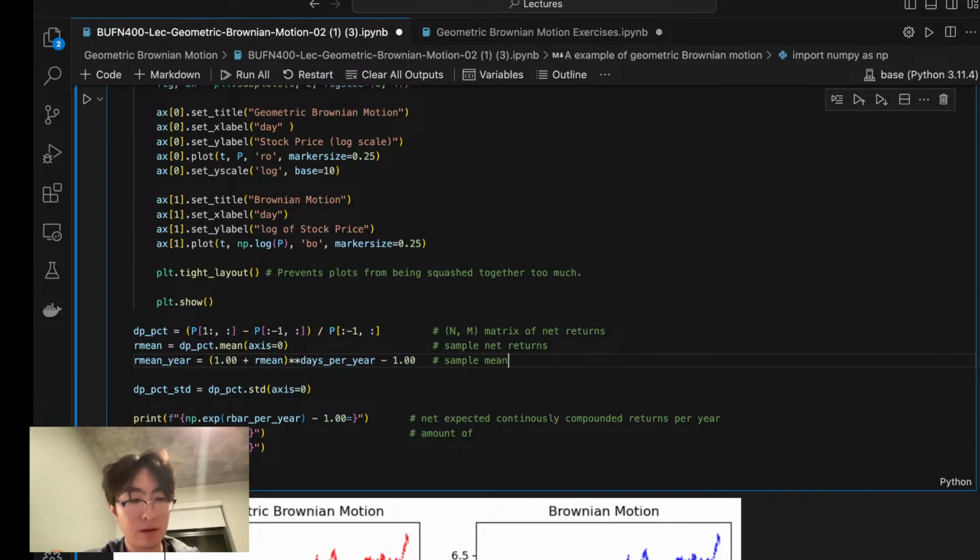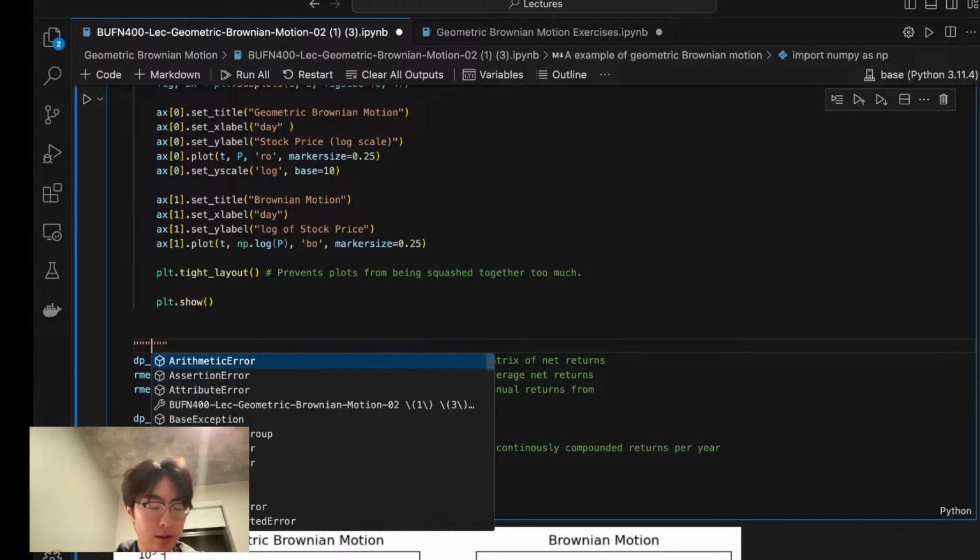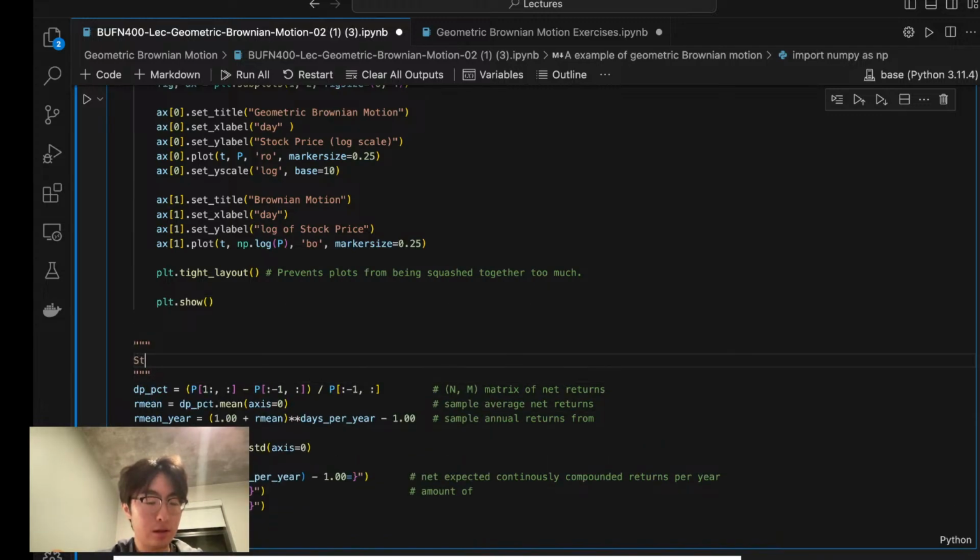Sample mean, sample annual returns. Sample average from, okay, so we'll call these the statistics.